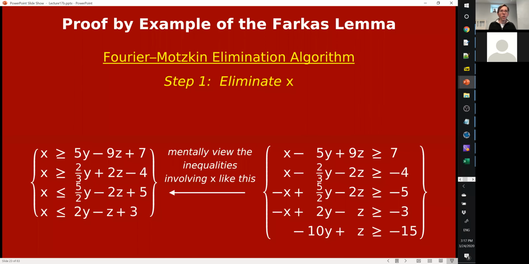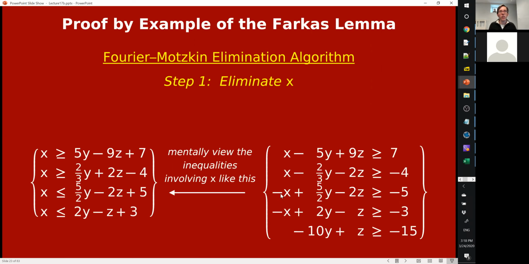Now, don't change the inequations at all yet, but mentally think of them as being upper bounds and lower bounds on x. Whenever you have a positive x, you can think of this as an inequation where x is bigger than some stuff involving y and z and constants.